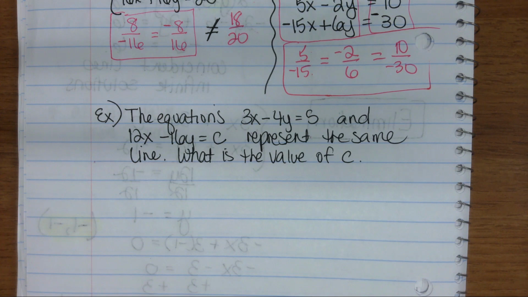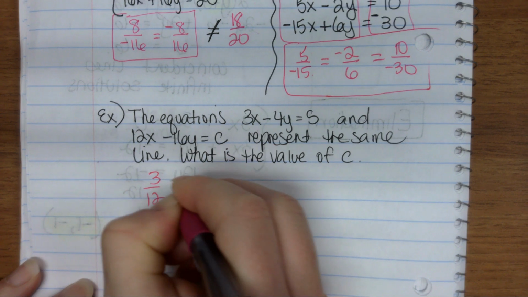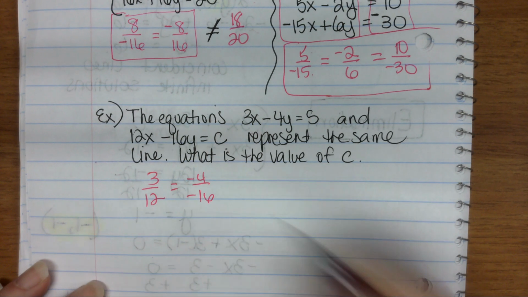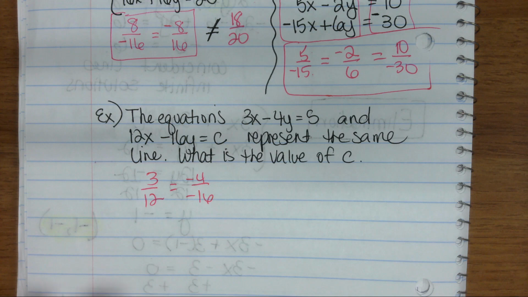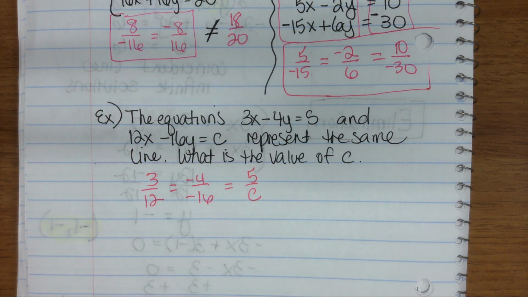Okay, so what I'm telling you is, if these are the same line, the ratio of all those things have to be the same. So the ratio of 3 to 12 has to be the same as the ratio of negative 4 to negative 16, which I hope you can see it is. And that's the ratio of 5 to c. Some of you can just do the multiplication in your head. Others, if you want to, can set up a proportion and cross multiply, okay?